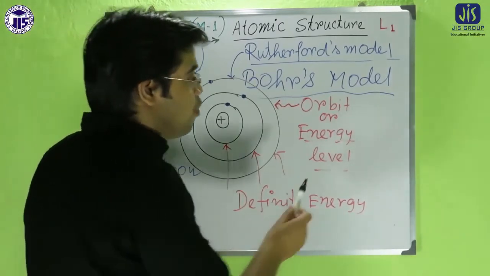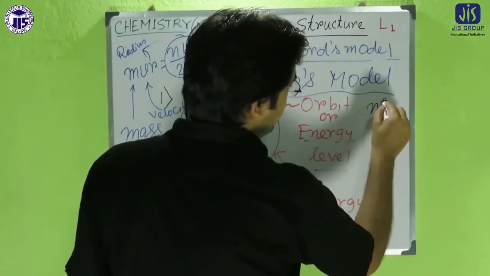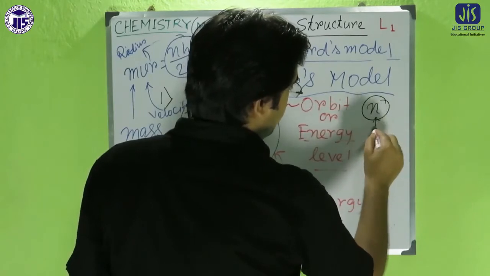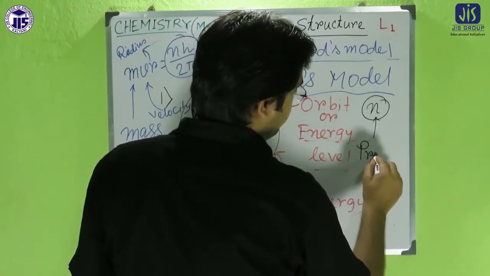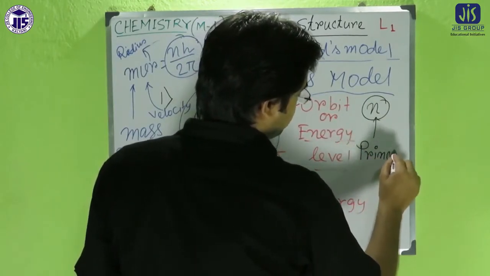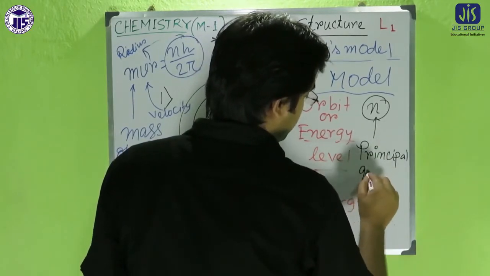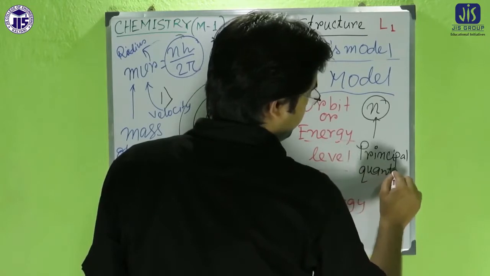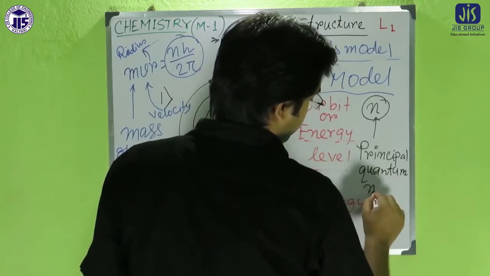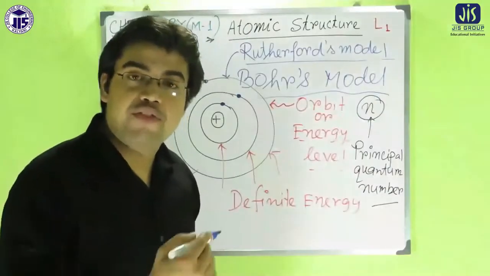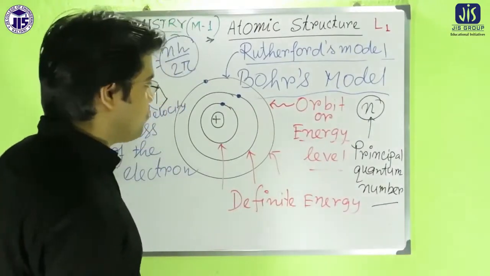Now, what is n? n is the most important term here. n is the principal quantum number. What is the significance of the principal quantum number?